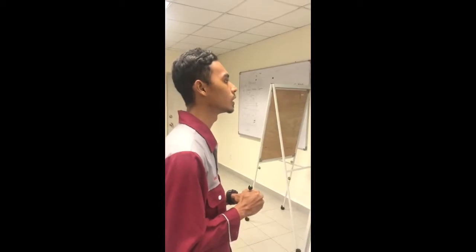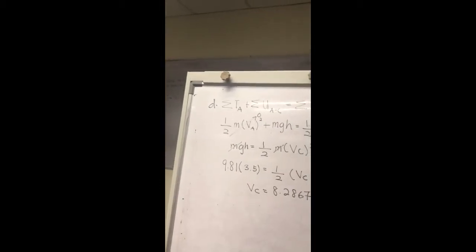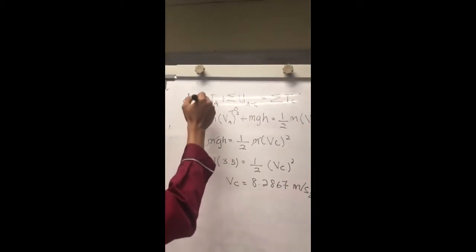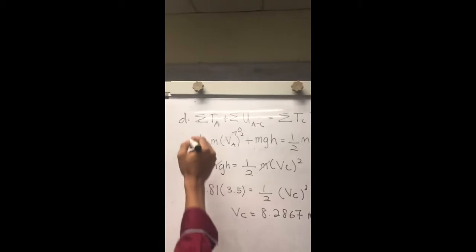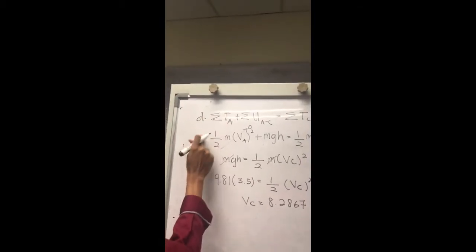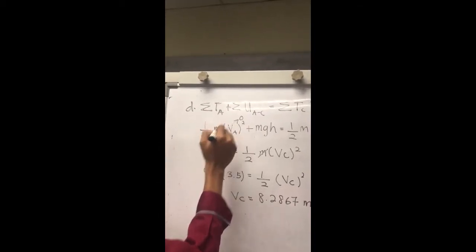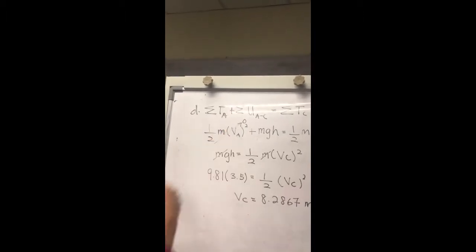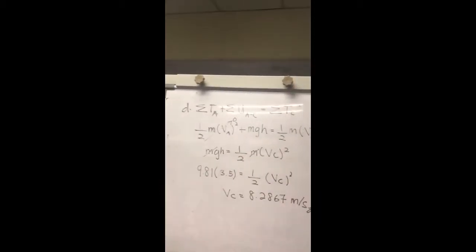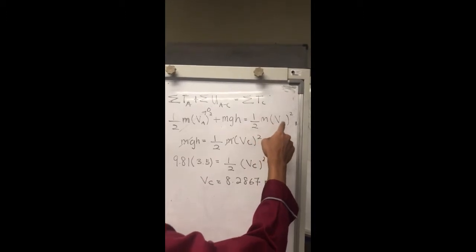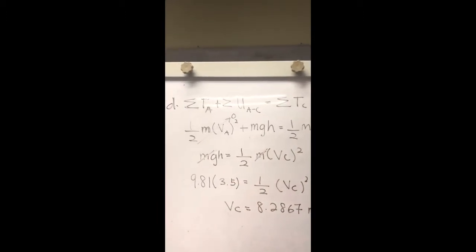Okay, we continue with question 1D, where the question is to compute the speed at which the object hits the ground. This is the formula for the principle of work and energy. We assume that TA, 1/2 m VA squared plus m g h, equal to 1/2 m VC squared, where the m we can eliminate in both sides.